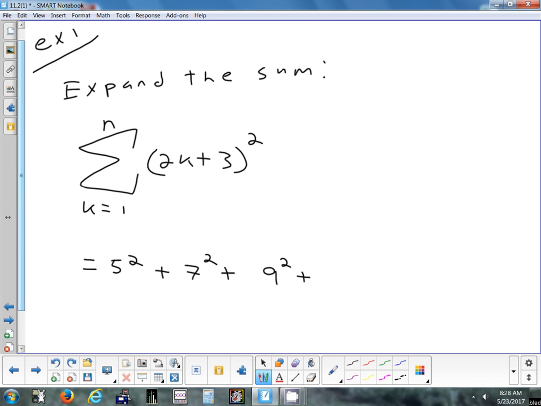And now, at this point, you've kind of established what's happening. 5, 7, 9, 11, all squared. We can put a dot, dot, dot. And now we're going to end at the nth term. So what would you plug in for k? You'd plug in n. 2n plus 3 squared. So that is a finite sum. It ends right at the last term with n. Okay. Any questions on expanding that sum?